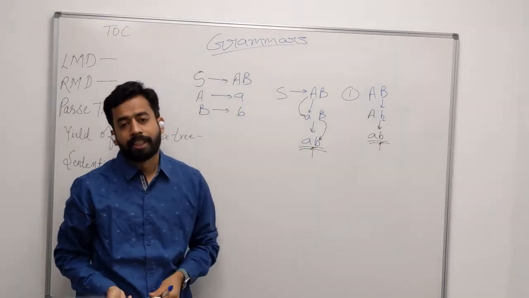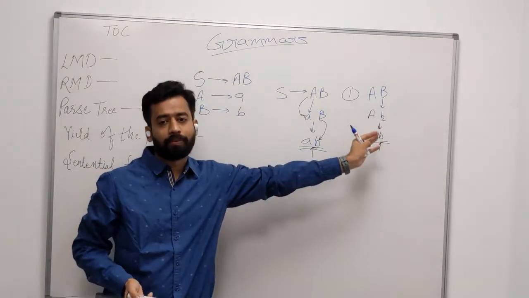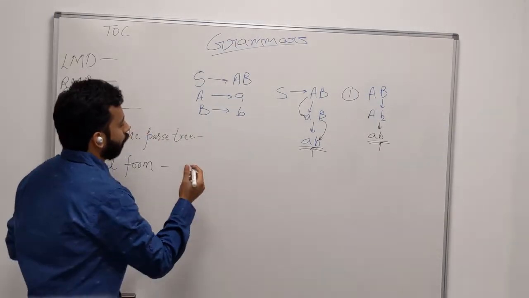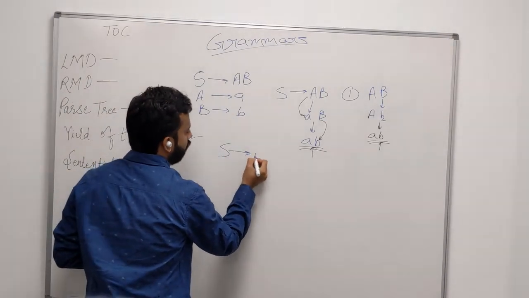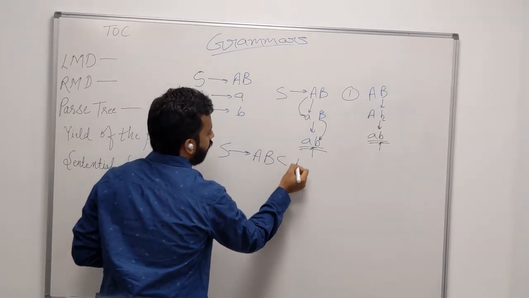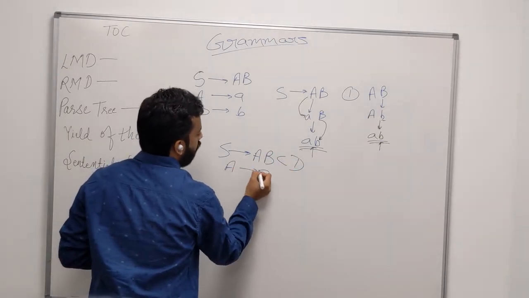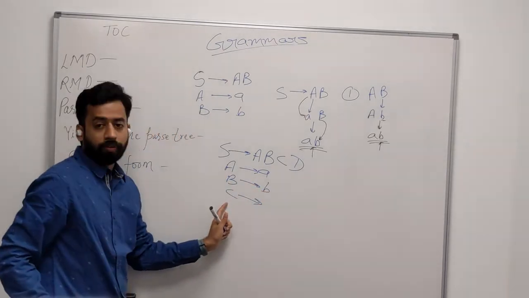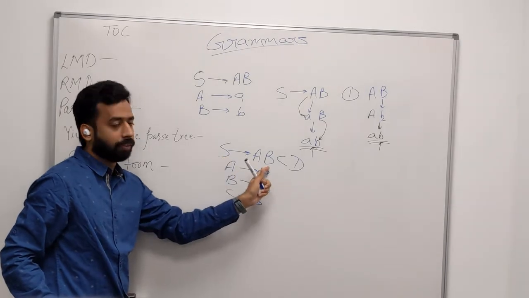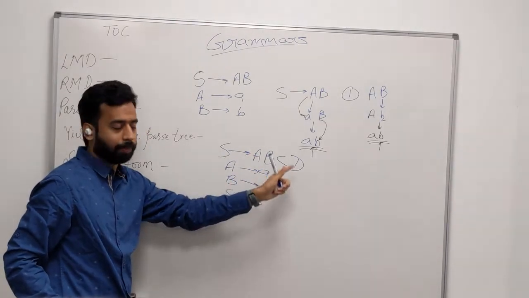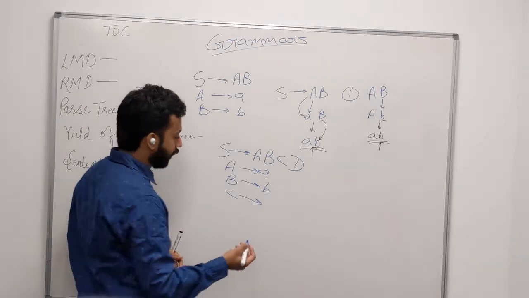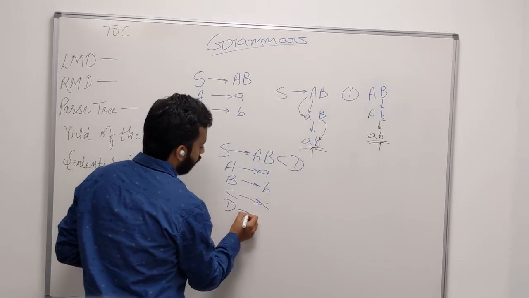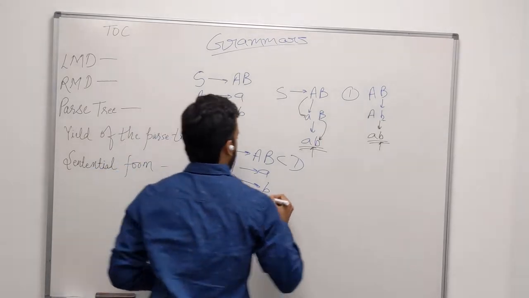Now you will ask, sir, why are we doing RMD or LMD? Can we not do it in random order? You can do it in random order as well. For example, if you have a grammar like this, where A gives small a, B gives small b, C gives small c, and D gives small d, and capital S derives ABCD.